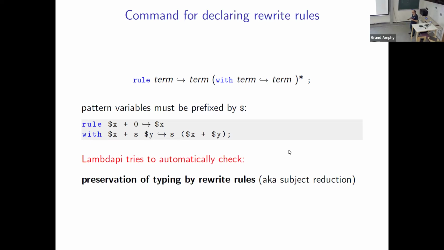It's a difficult problem. Actually, it's undecidable. But we can try to check that to some extent we have this property. In LambdaPi, there is some algorithm that tries to check not full confluence, but local confluence.